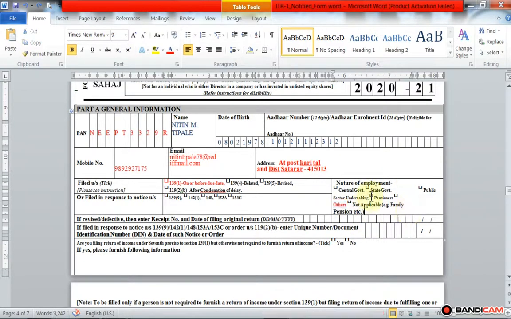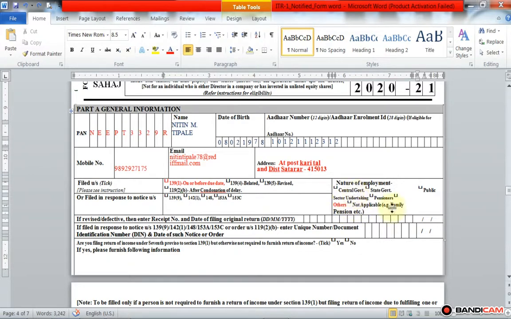Then next, if government employee, we tick mark on the box of government employee, state government employee, public sector undertakings, pension, or other, not applicable.